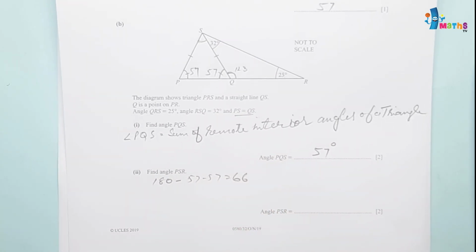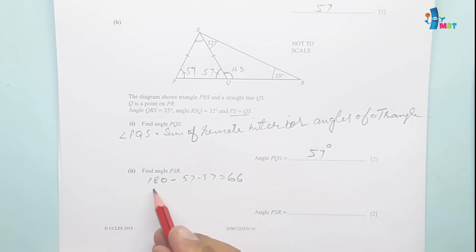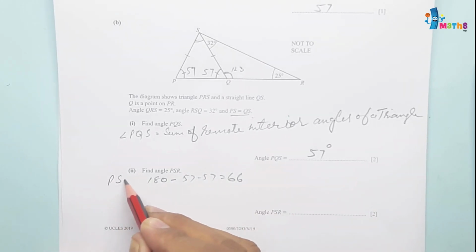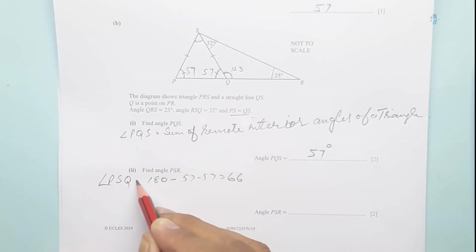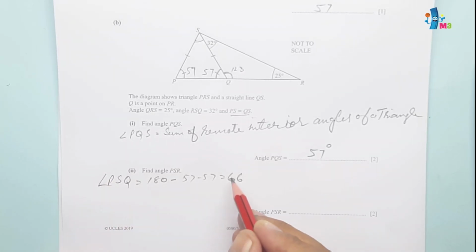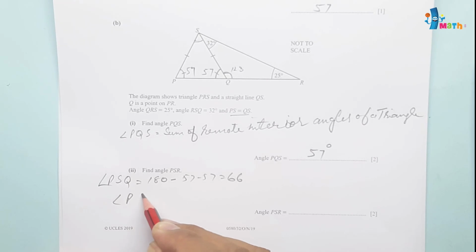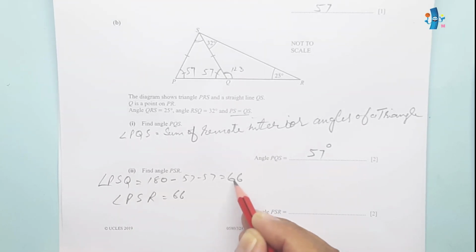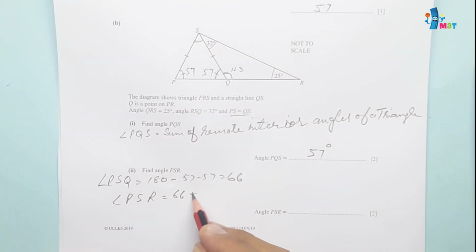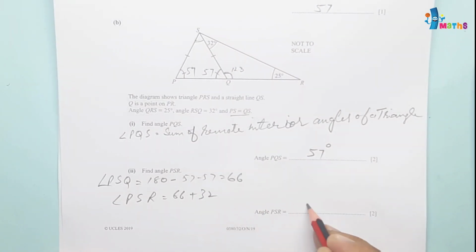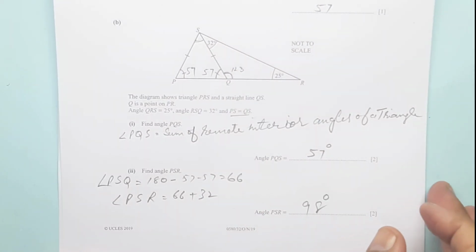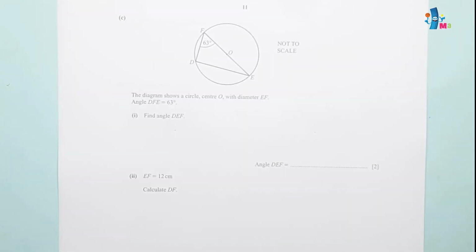But this angle whatever we have found is PSQ. Angle PSQ is equal to this one. But angle PSR is equal to 66 plus 32 as well. So this will be 98. Answer will be 98 degrees.